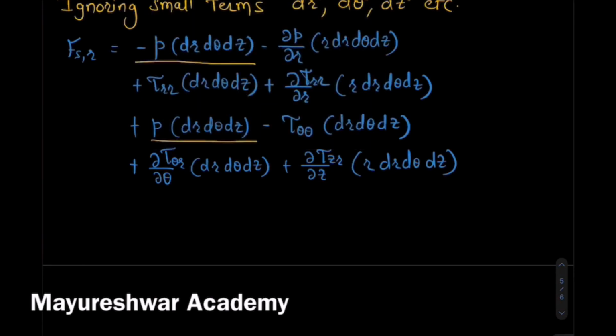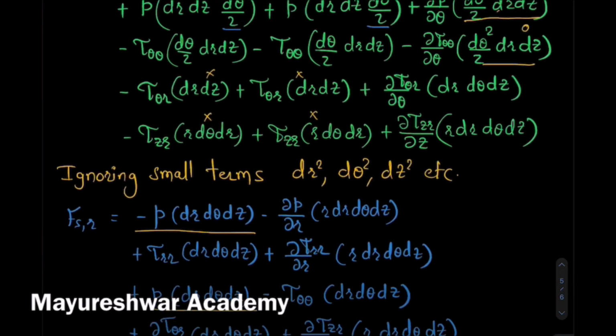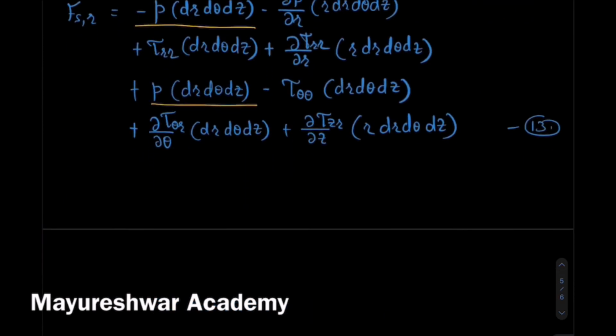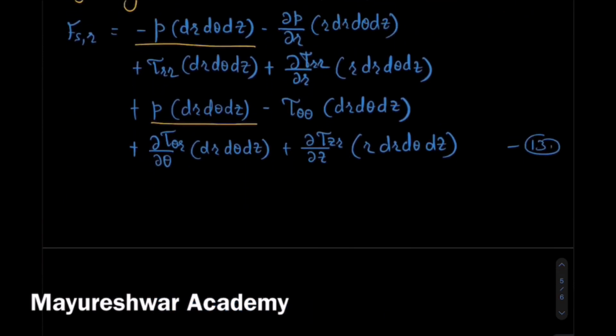So these two components will cancel out, pressure components along r and theta plane after resolving. So let it be 13th equation.